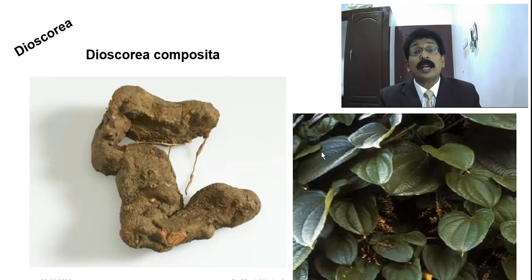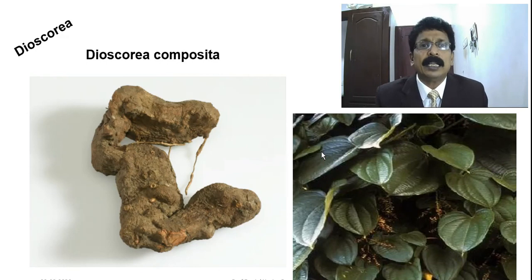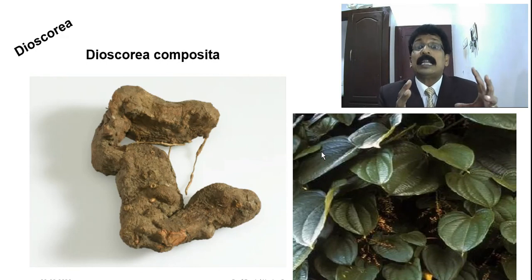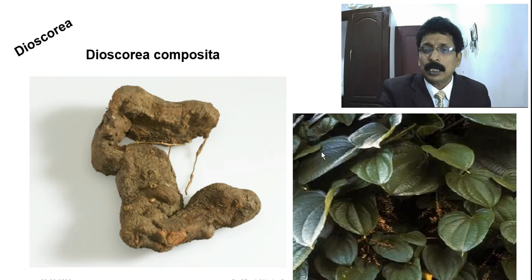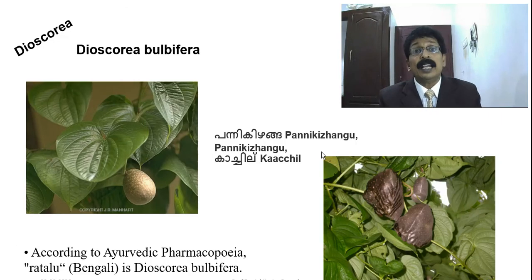And Dioscorea composita, you see, the leaves are very dark green in color, and the shape is a little bigger and larger, with curved rhizomes. And you see Dioscorea bulbifera, this also has some fruit like this, and the rhizomes are a little small, not very big.